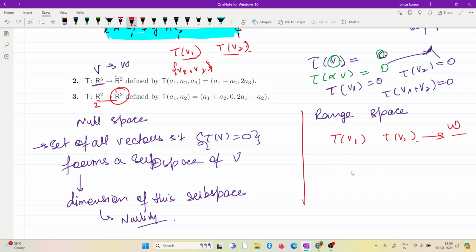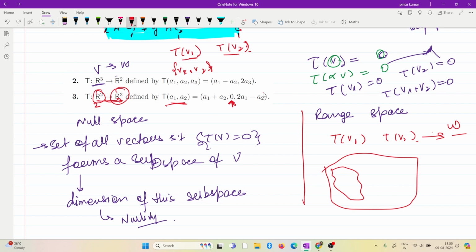So what I'm trying to say is, if you have a linear transformation from a smaller space to a larger space in terms of dimension, then the set of all vectors that you can map to is a strict subset of the complete set. For example, here you have the second element as 0, but there are other elements in R3 for which the second element is non-zero.